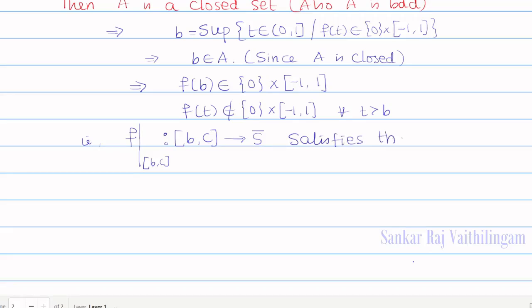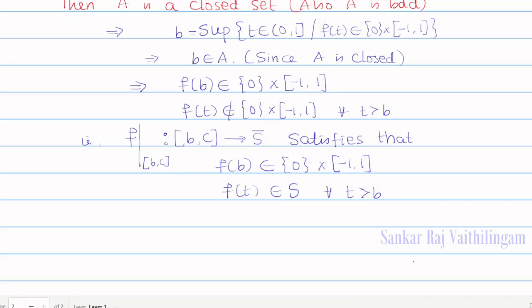What condition does it satisfy? That is, f of b belongs to the vertical strip, the closed interval 0 cross -1 closed interval, the vertical line. And f of t belongs to, if not this vertical line, then where? It will lie on my S curve, for every t greater than b.